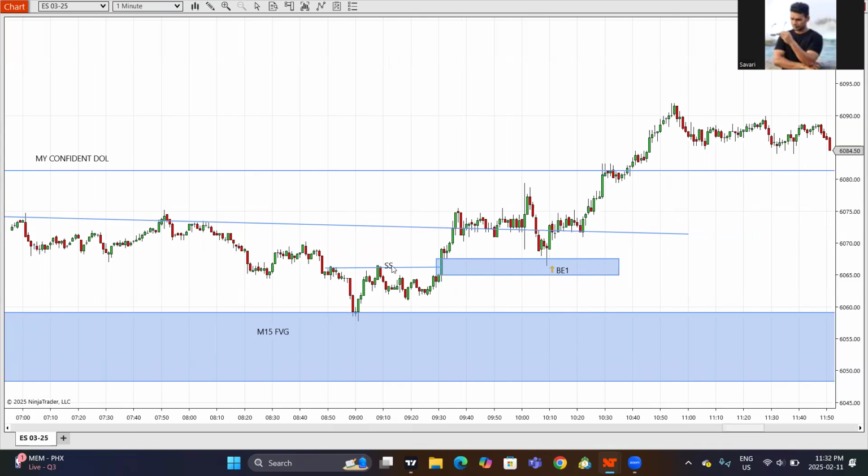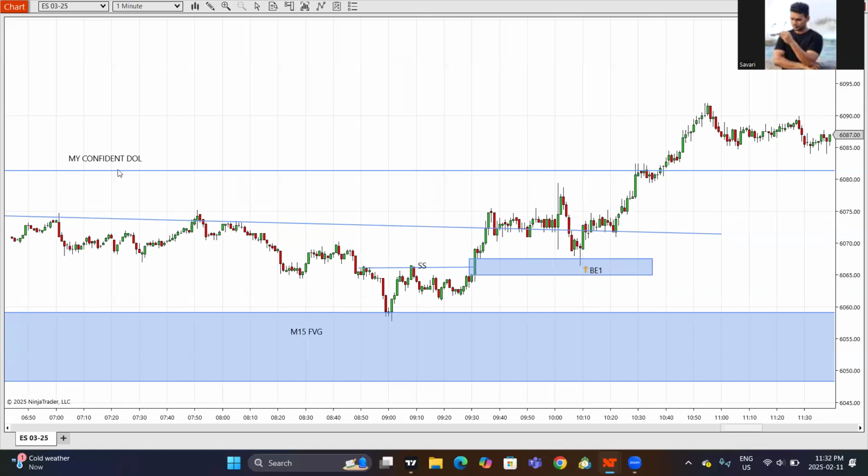This fair value gap gets flipped and closes above. Once I understand this fair value gap is holding the price and acting as inverse, I just take my entry right here, and I close my first profit at this point. And this is where my entry starts to play.